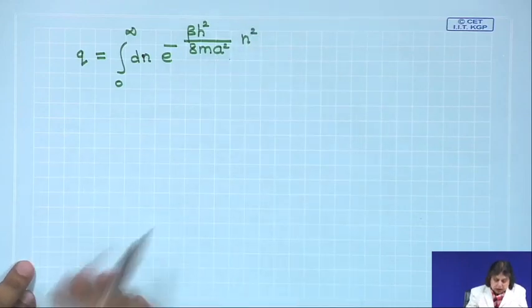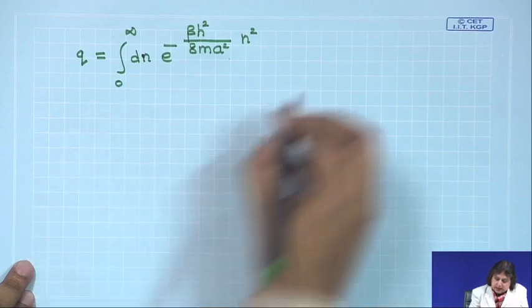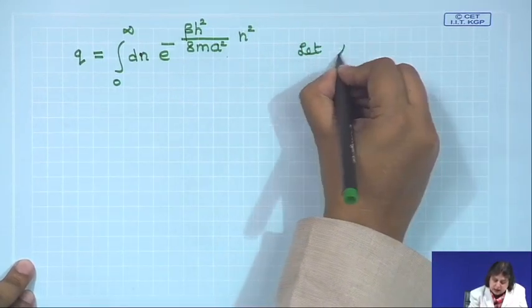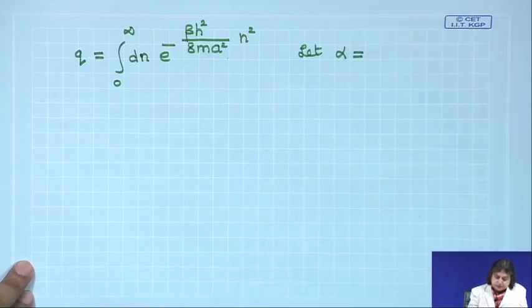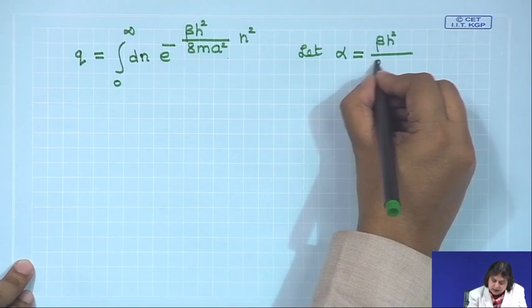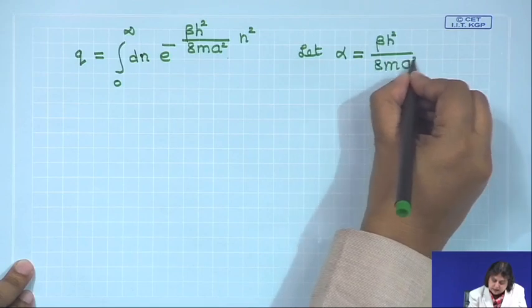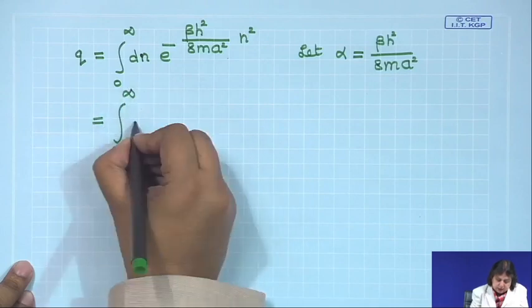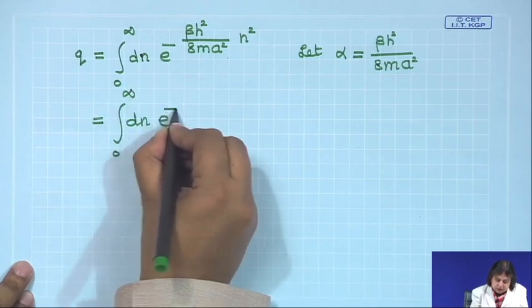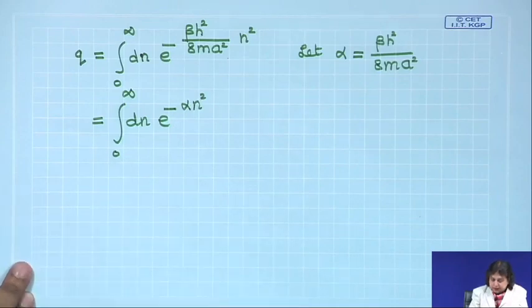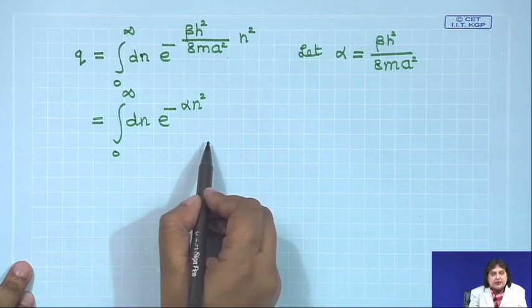Now, what I am going to do is use the following notation. Let alpha be equal to beta h square divided by 8 m a square. Then this integration now looks like the integral from 0 to infinity dn e to the power of minus alpha n square. I need to find out the value of this integral.